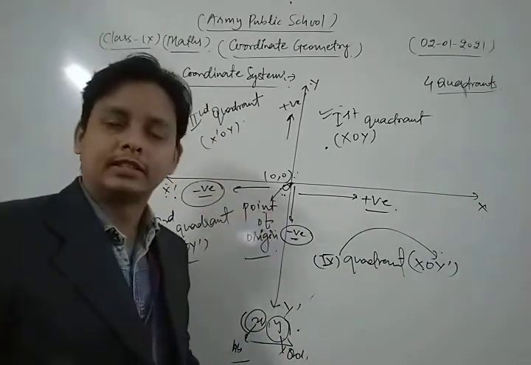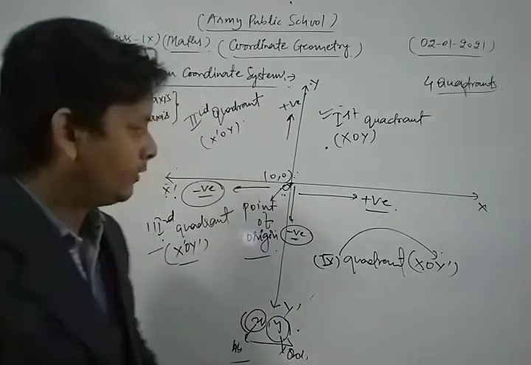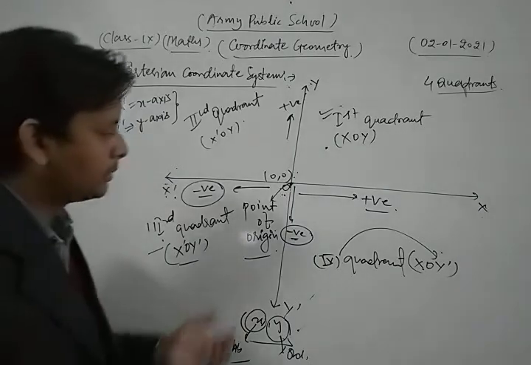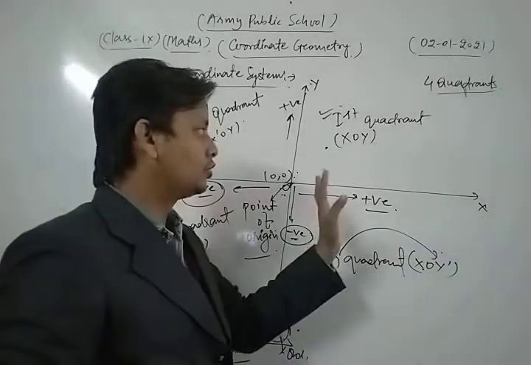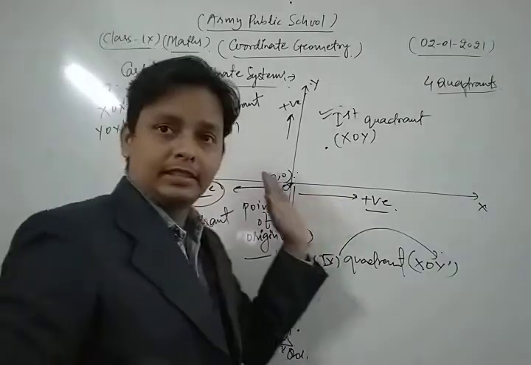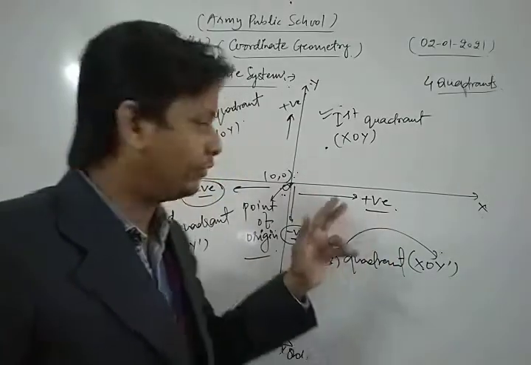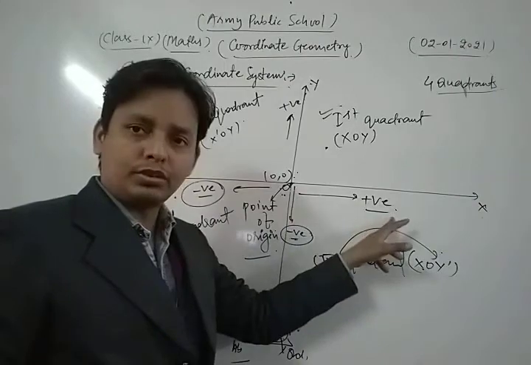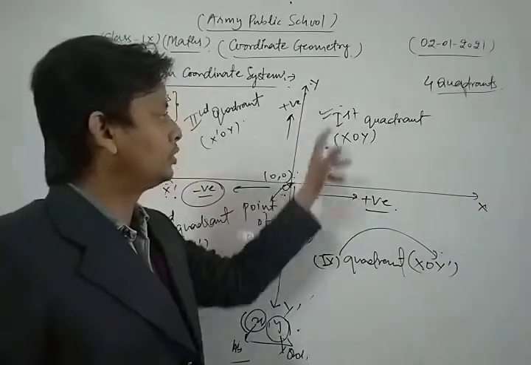Cartesian coordinate system. Now we are going to discuss some important things. Let's see the figure very carefully. Here OX is there, this is the positive direction of x and this is the positive of y.